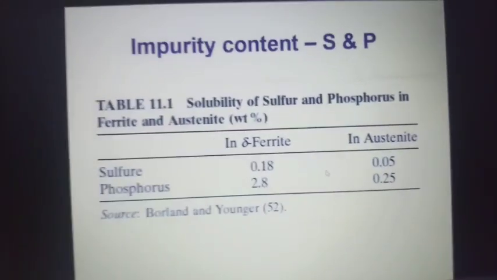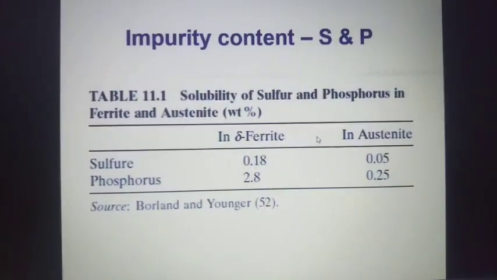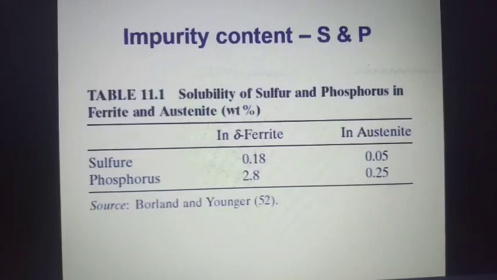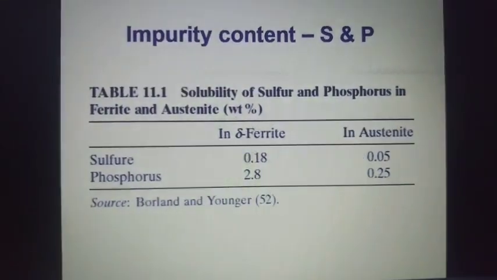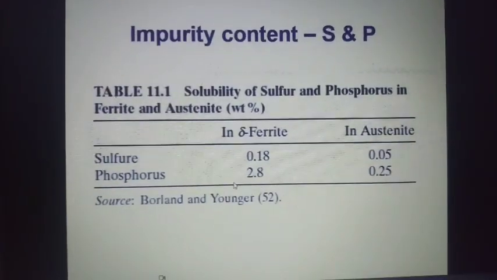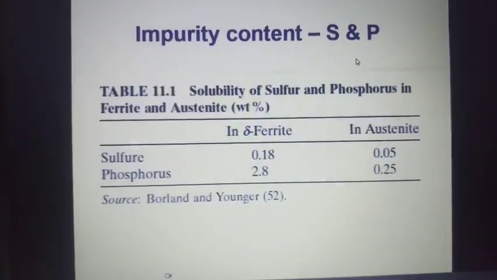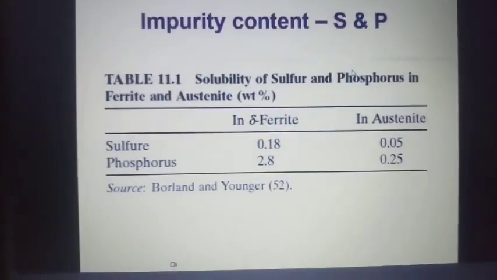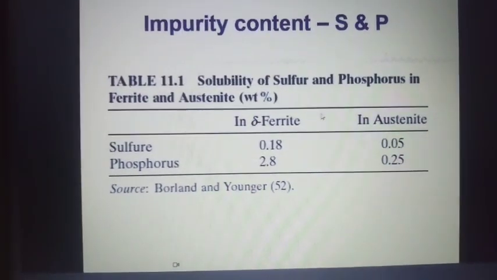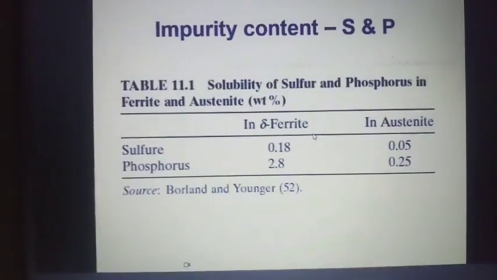So what is the problem? Why do we need some amount of ferrite? Basically, it is because of impurity content, such as phosphorus in the consumable or in the base material, which contributes to the melting in the weld pool.